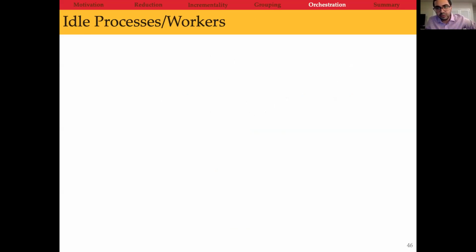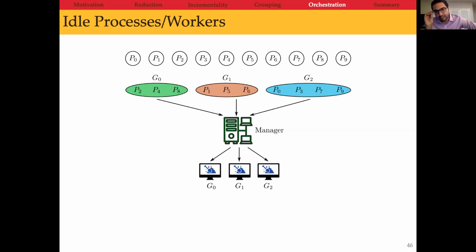Another common problem is that of idle processes and workers, in which some compute nodes start idling while the other nodes continue to solve hard to prove property groups. Going back to my example with 10 properties and 3 groups, let's assume that the 3 groups are being run on the 3 available compute nodes, and each of the compute nodes tries to prove the properties in the group.